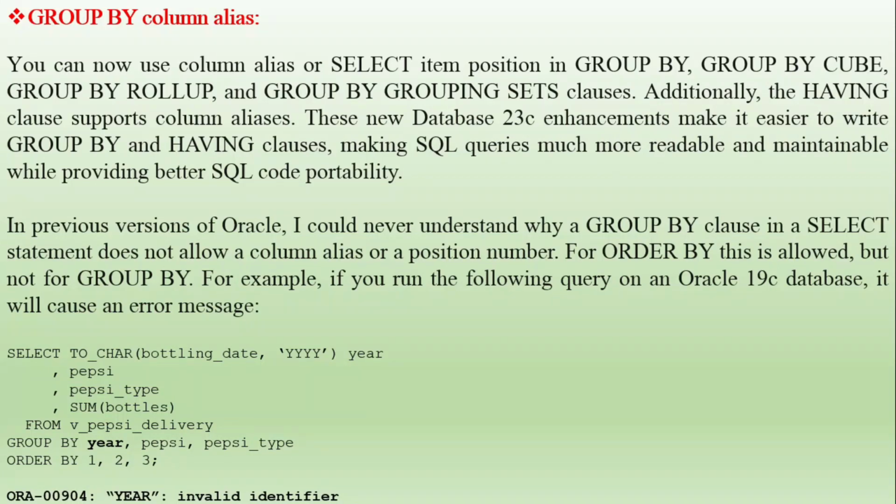So I tested in my lab environment. I created one table, Pepsi delivery, that is the table name. Whenever I try to add the group by clause, I get an ORA-904 invalid identifier error. So this I tested in Oracle 19C database.